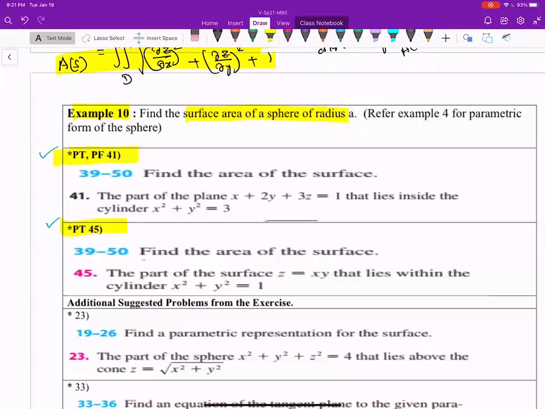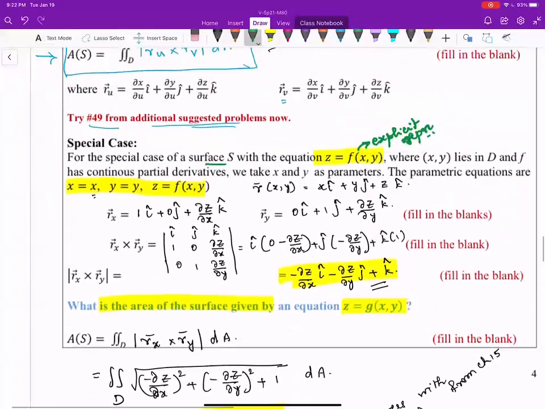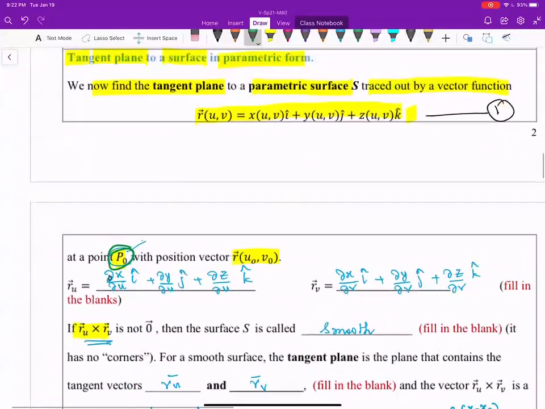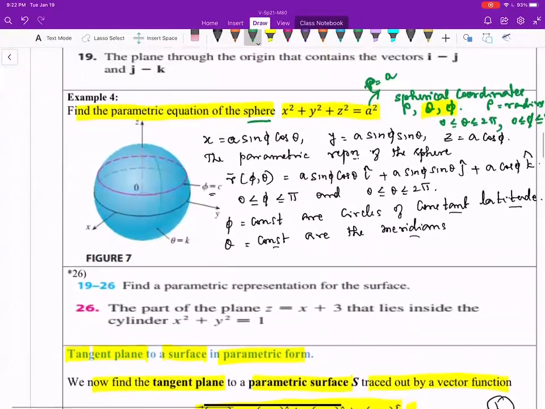So in the same section, we derived the parametric representation of a sphere. That is what we are going to be using to find the surface area. When we derived it in this section, you might remember that we said this line here is a parametric representation of the sphere using phi and theta, which are used in spherical coordinates.